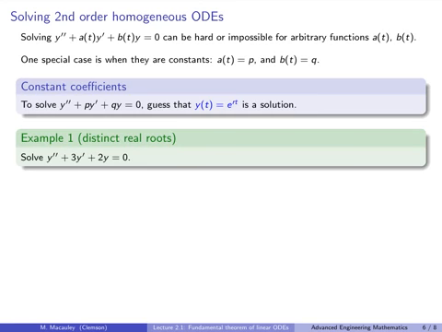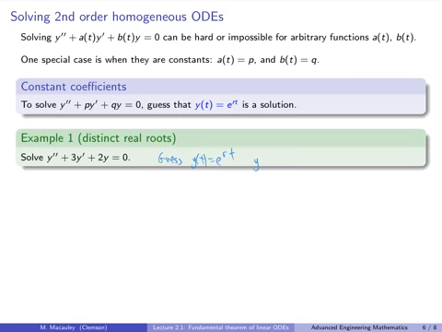And once again, I'm going to go through these faster than I normally would if I were just introducing this topic in an Intro to ODEs course, because I'm assuming that you've seen these before, and this is just a quick refresher. So the first example, y double prime plus 3y prime plus 2y equals 0. So as before, we always guess that y of t equals e to the rt.